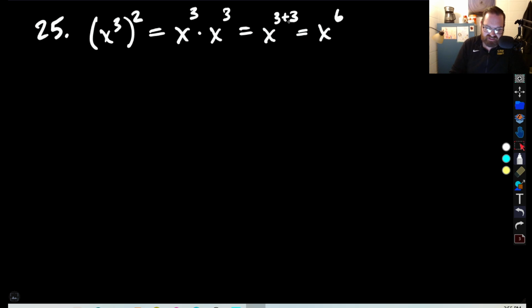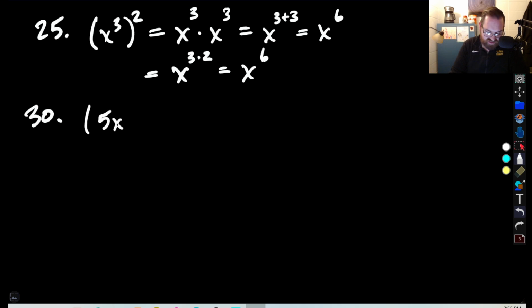But if we're adding the same number multiple times, that's the same thing as multiplication, okay? So another way of thinking about this is it's x to the 3 times 2. And in this case, this is our x to the 6th. So it's a little bit of a quicker way to get to the end without having to rewrite all of the intermediate pieces out.